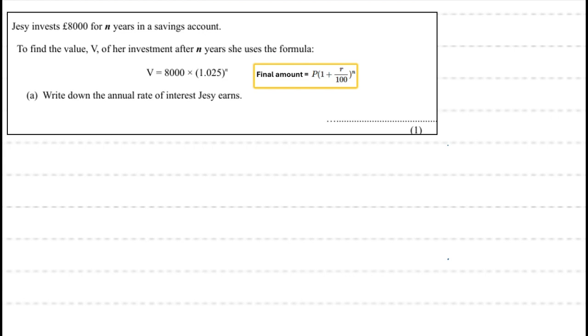So we compare the formula in the question with the formula for compound interest. The final amount in this case is V. The initial amount is 8,000, which is for P. Then we have 1 in both brackets, and also we have n.